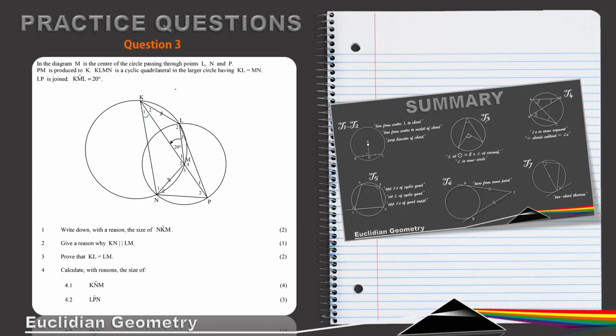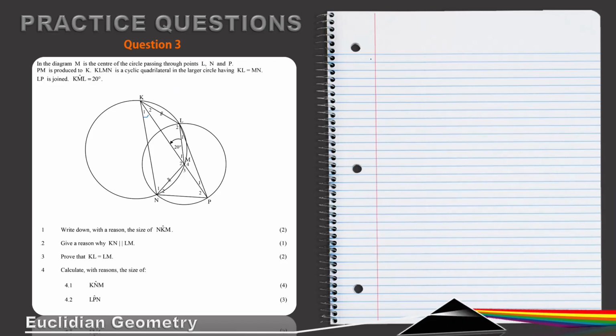So NKM is equal to 20 degrees. Our reason is that equal chords subtend equal angles.